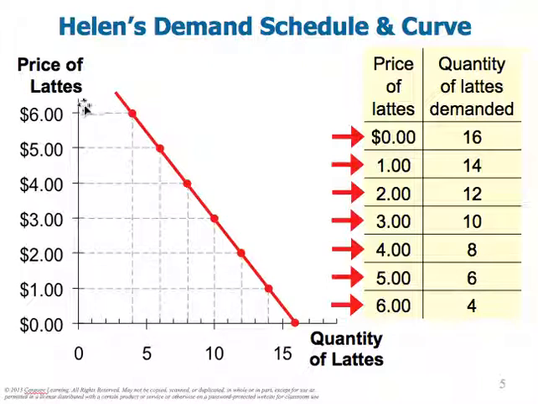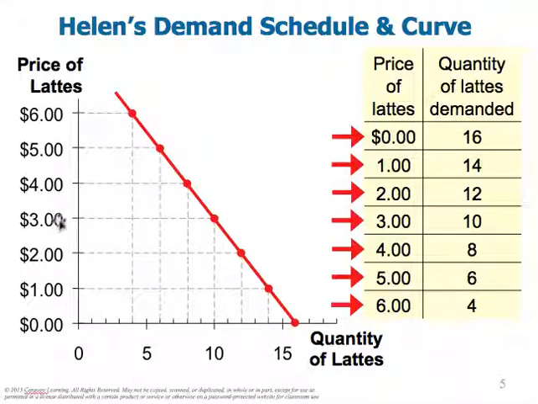So when the price of lattes changes, we observe a movement along the demand curve. For example, when price falls from $6 to $5, the quantity of lattes demanded rises from 4 to 6. We call this a movement along the curve.